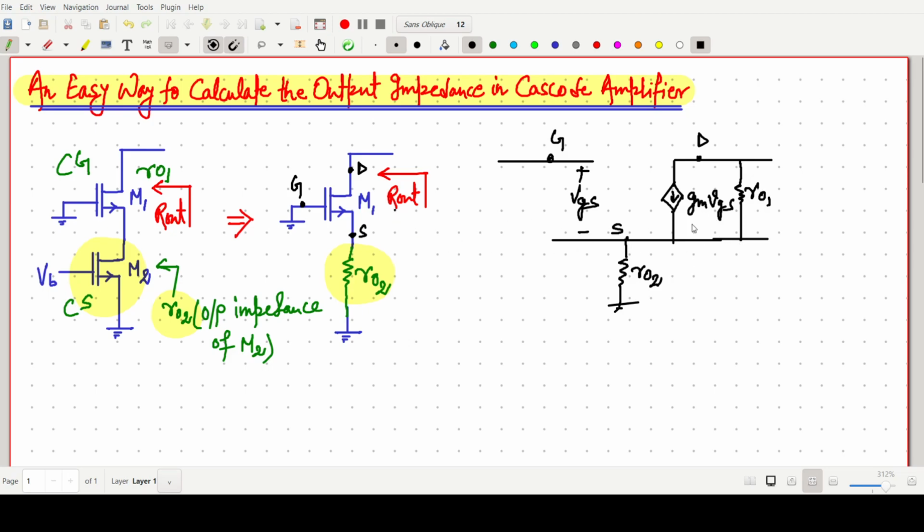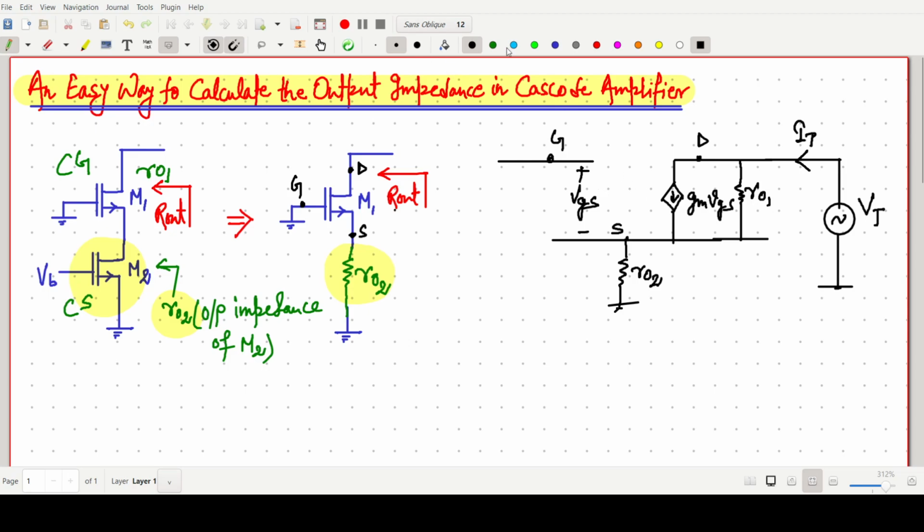Clear? Now we have to find the output impedance. For the output impedance calculation, what we have to do? We have to add a test voltage, say Vt, and that test voltage will make some current, say It.